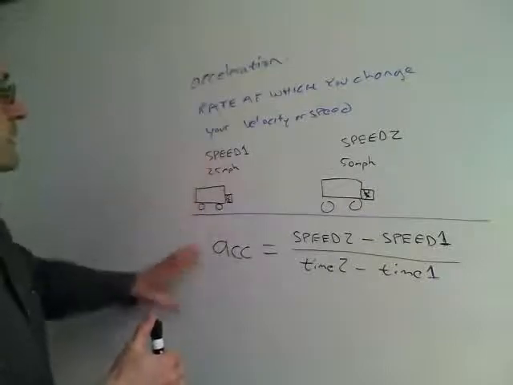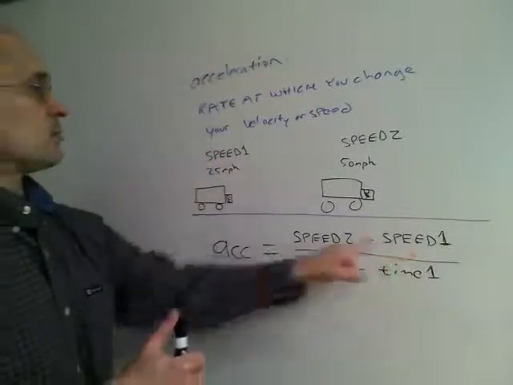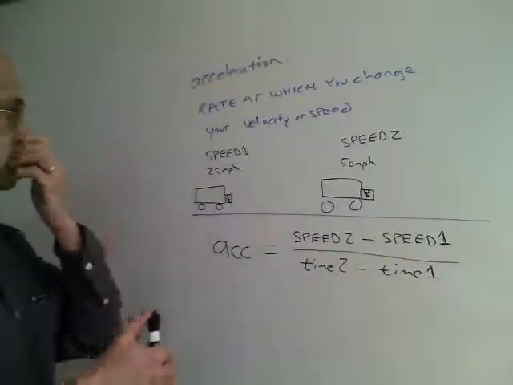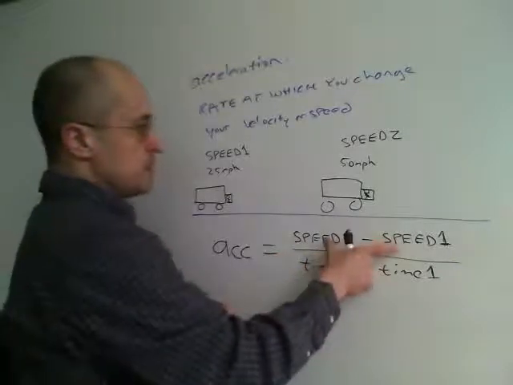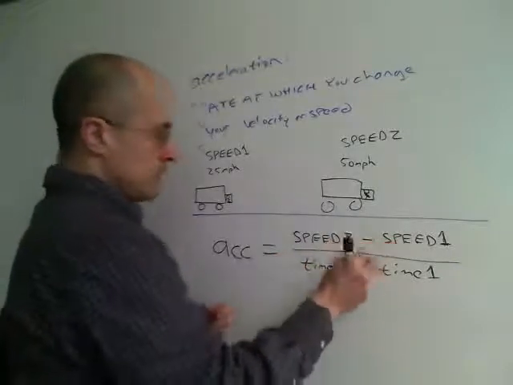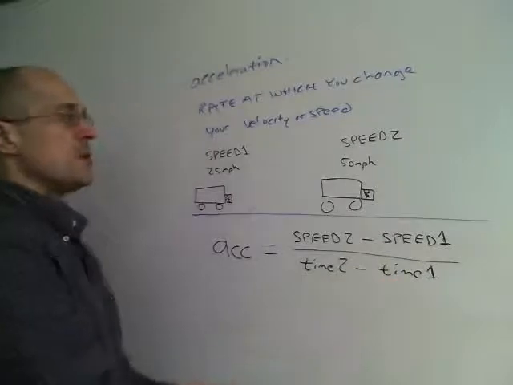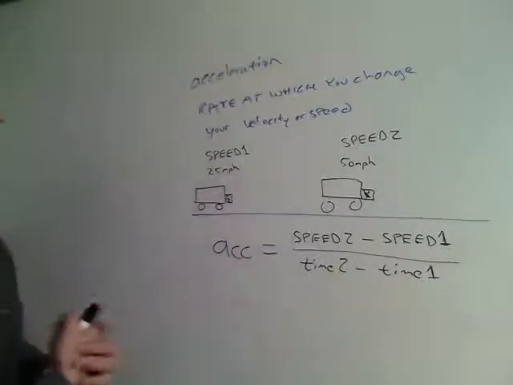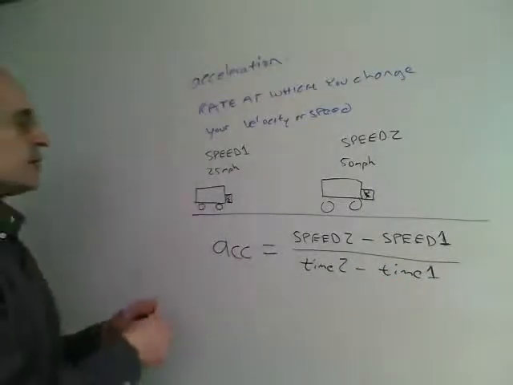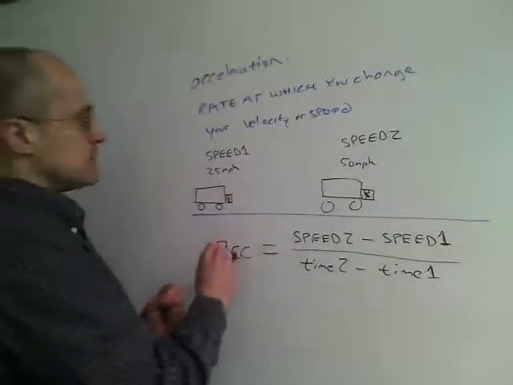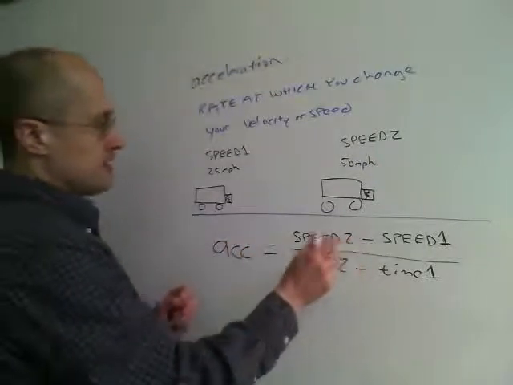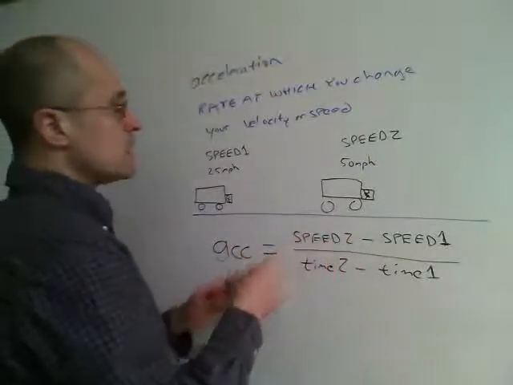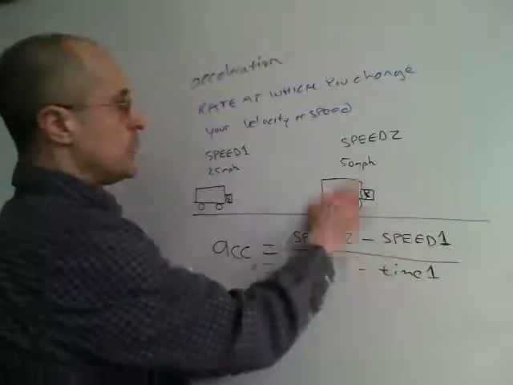So the idea is that acceleration is the rate at which you change speeds. If you change your speed in a short period of time, you have a large acceleration. Now, what you can notice is your acceleration can be positive or negative, because speed 2 could be smaller than speed 1.